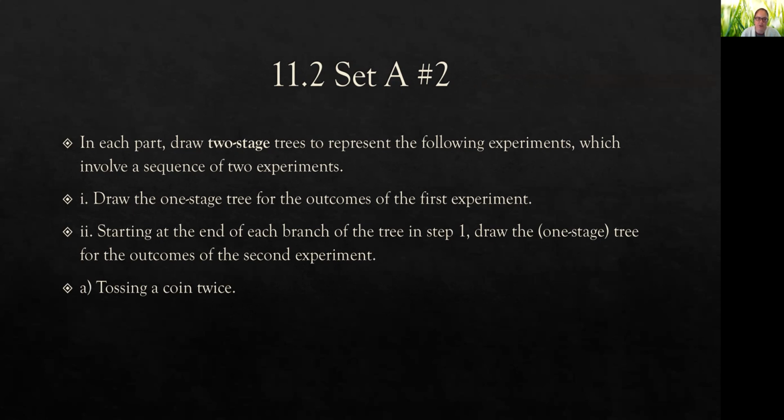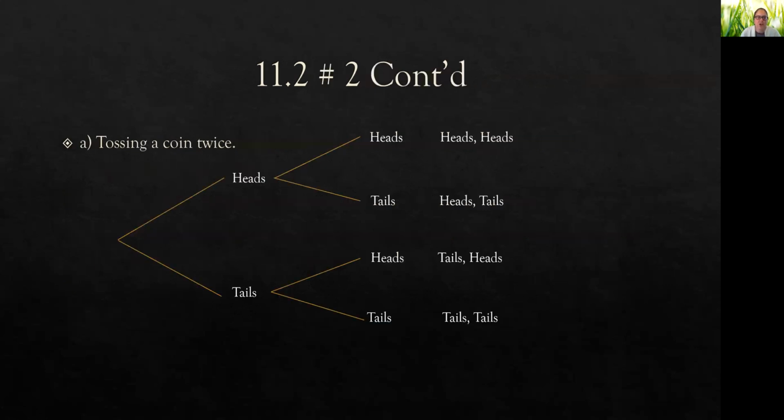So my first experiment is tossing a coin twice. So the first time I toss the coin, I'm either going to get heads or I get tails.